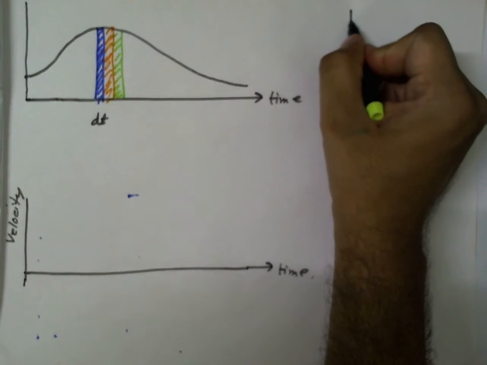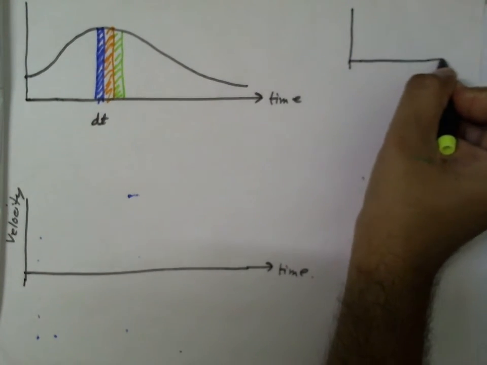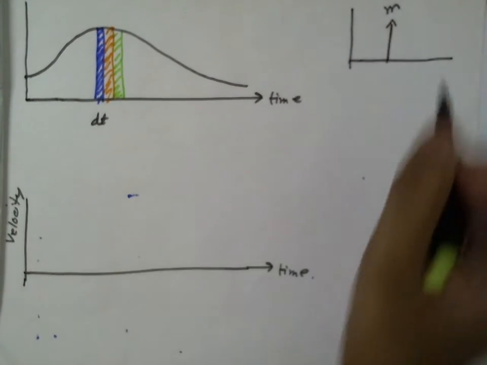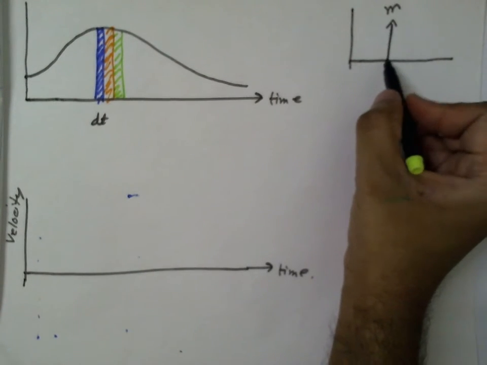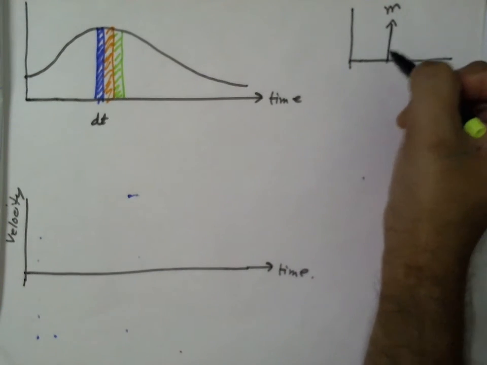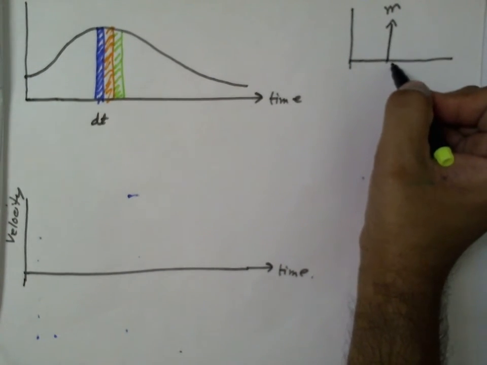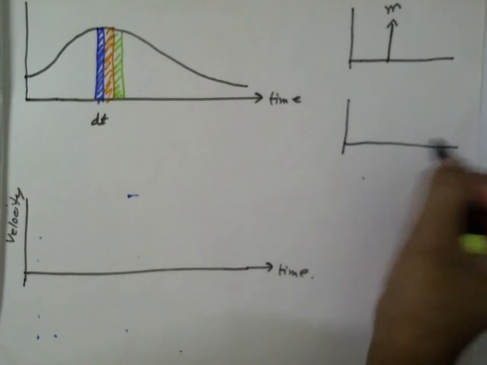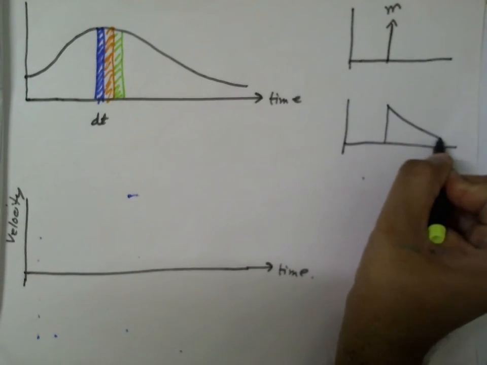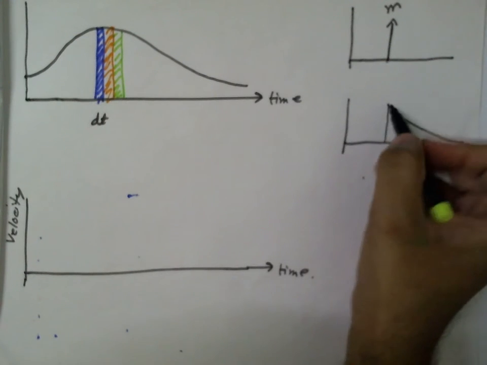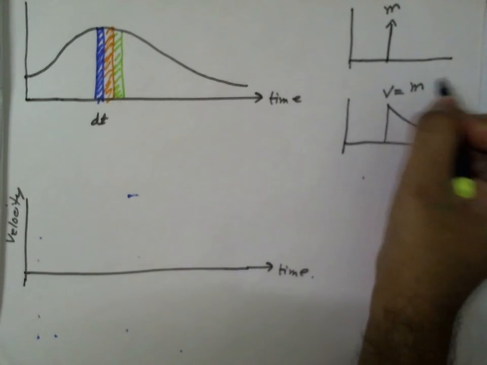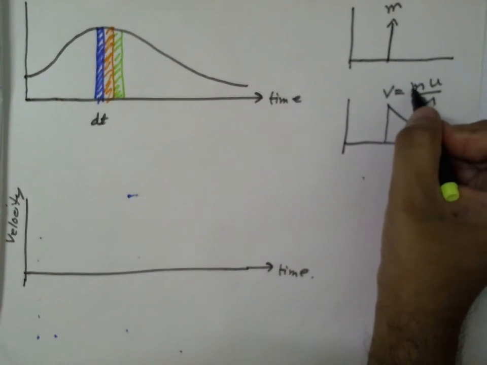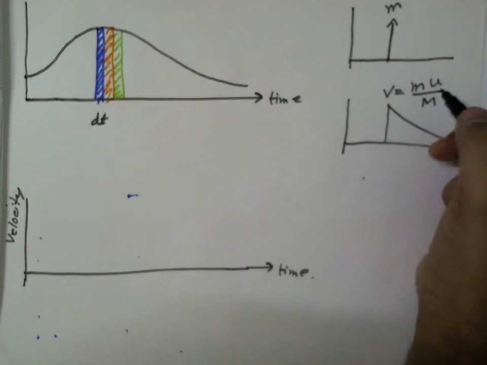We have seen that if m amount of gas is burnt instantaneously, in no time, as an impulse excitation, at this instant, then the rocket's response velocity becomes like this, exponentially decaying, starting from a value of v, where v is equal to m u by M. Now let me call this u by M a constant k.